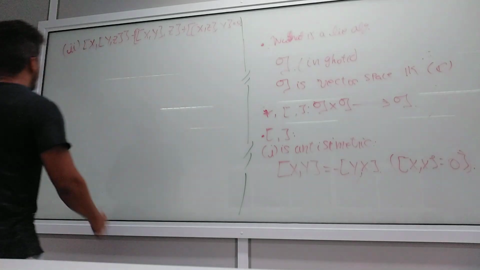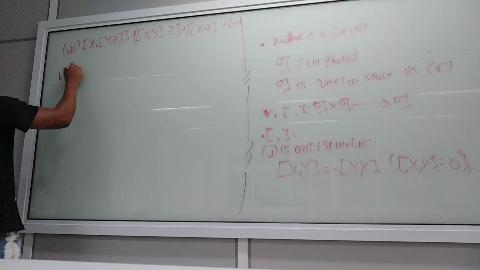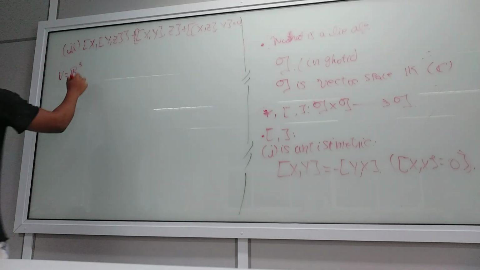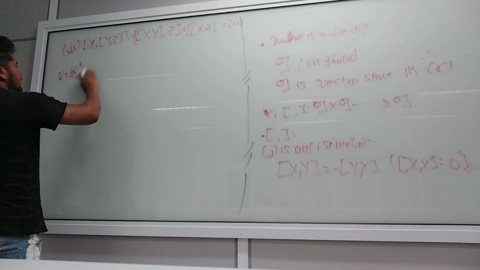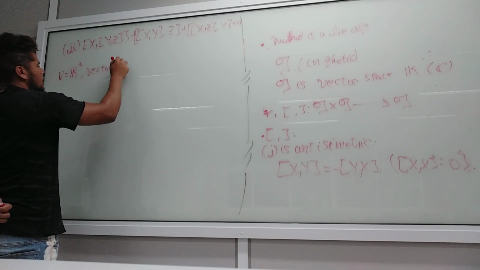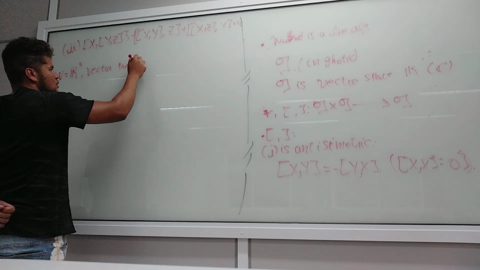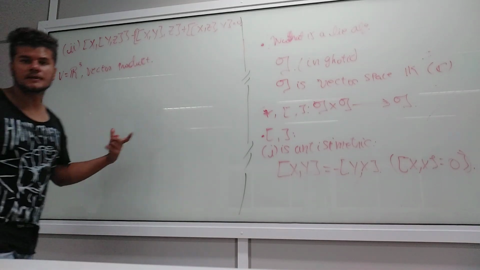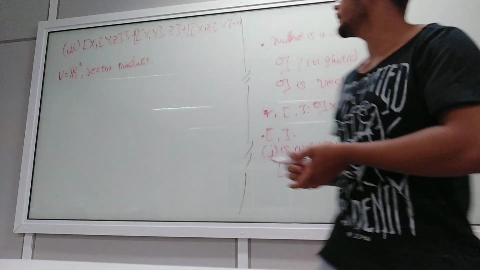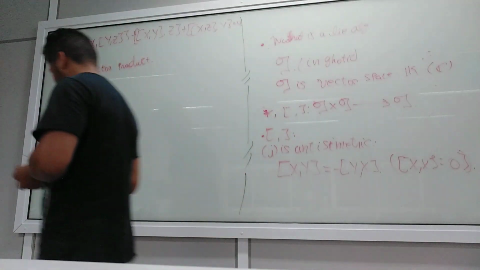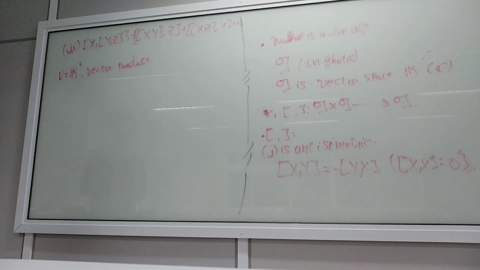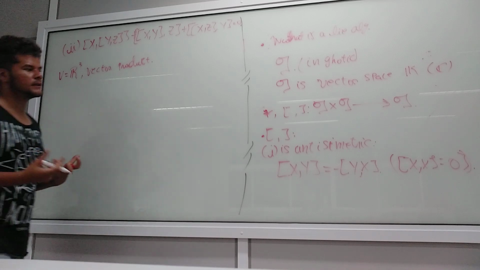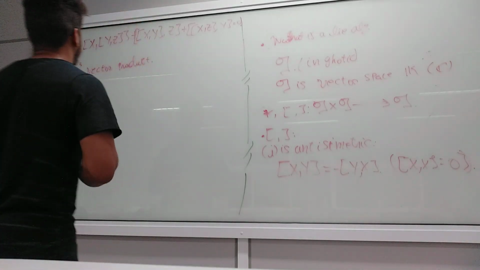One of these examples is the vector space R3. R3 with the vector product is a Lie algebra, because R3 is a vector space over R, and verifying the conditions of this bracket with the vector product is somewhat difficult, and I haven't proved it yet.